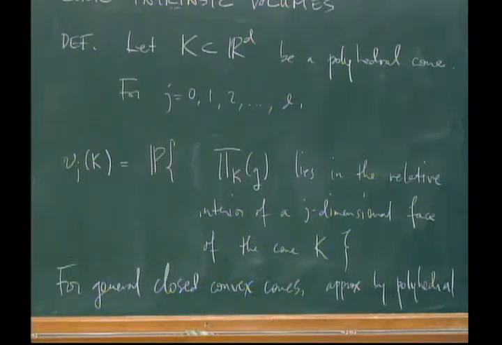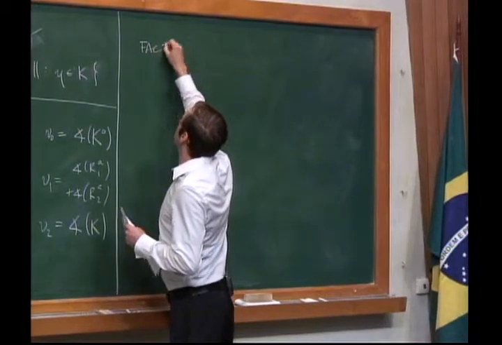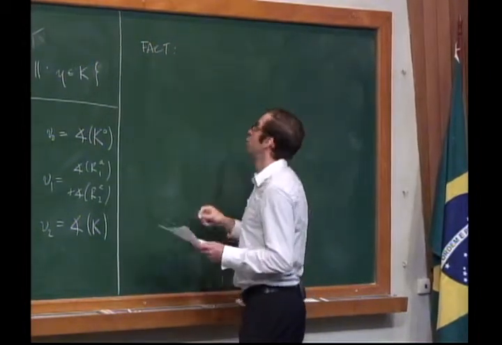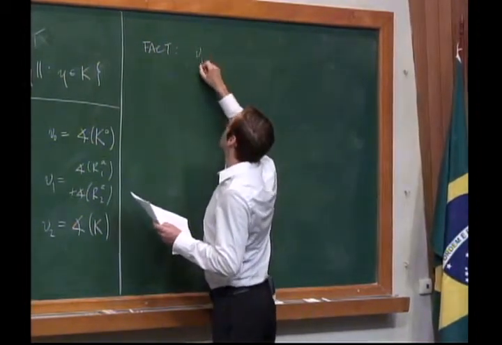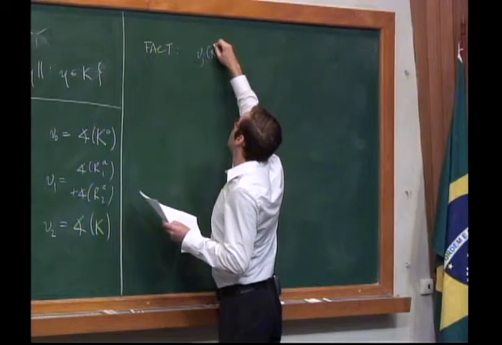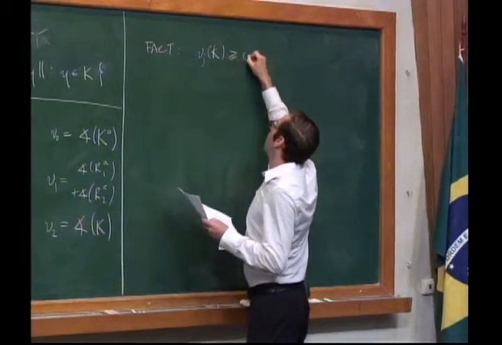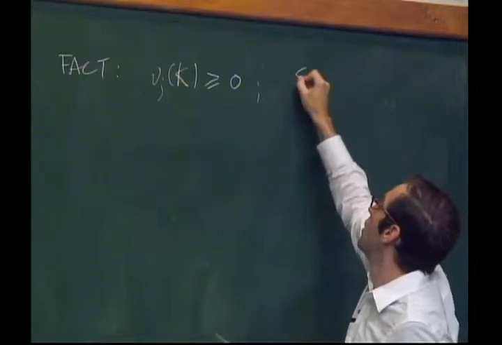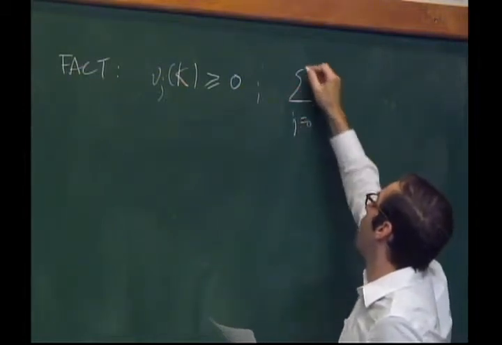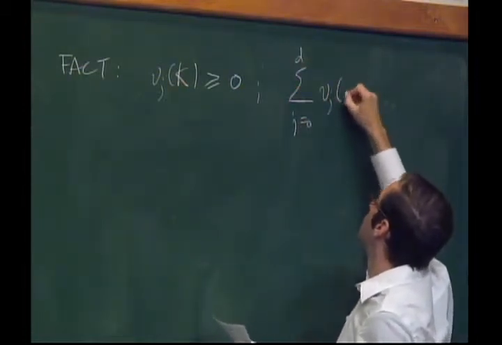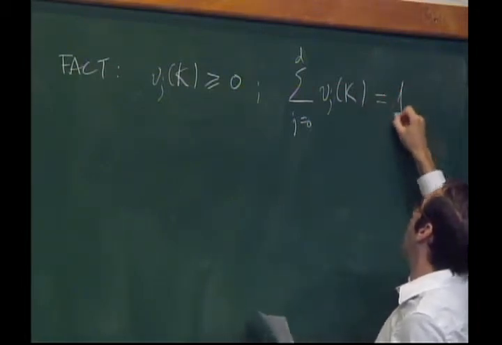Now, the next thing, which is true in both the polyhedral case and the general case, which follows from this limiting process, is that the conic intrinsic volumes are always non-negative, and if you add them up, you get 1.